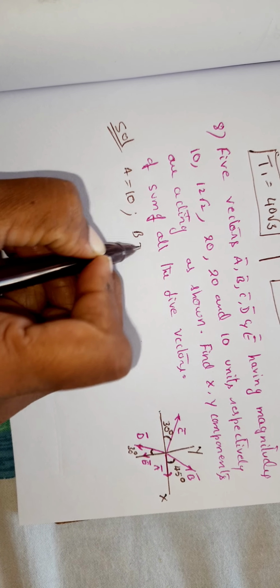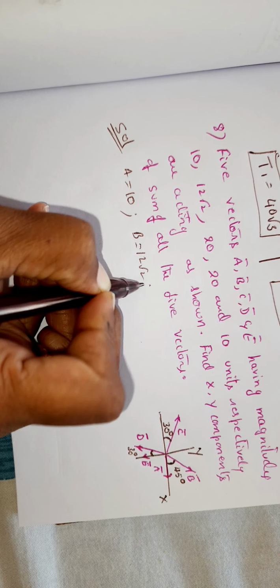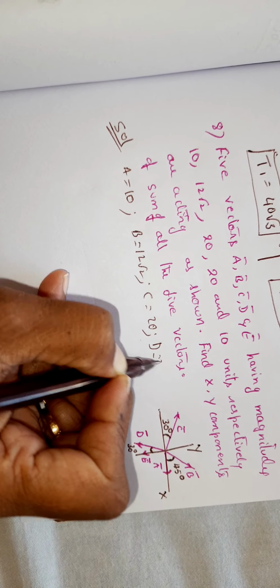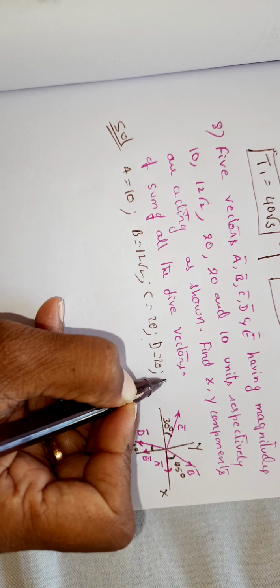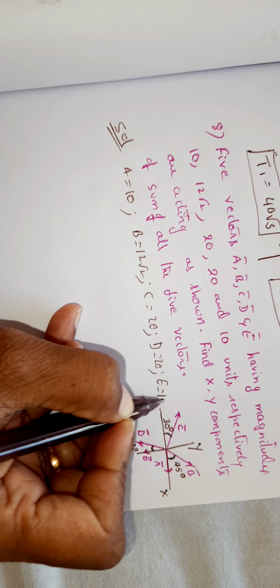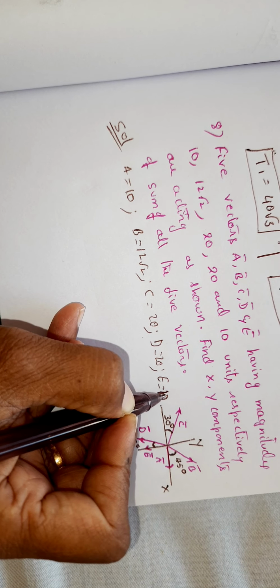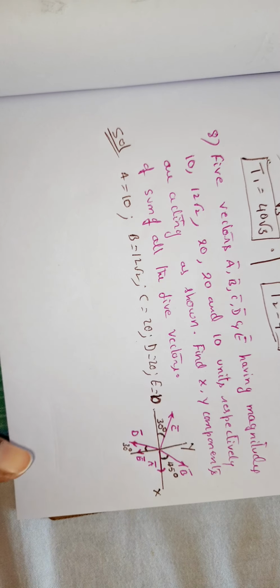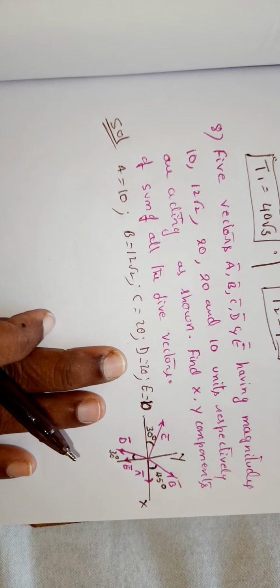Then B is 12 root 2, C is 20, D is also 20, E is, I'm sorry, E is 10. So these are the 5 vectors given. Their magnitudes are given to us, right?